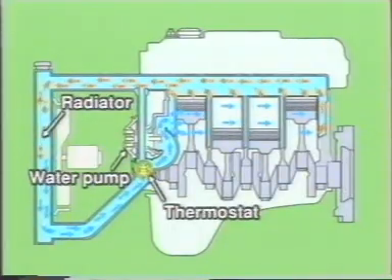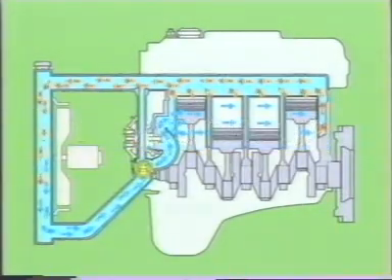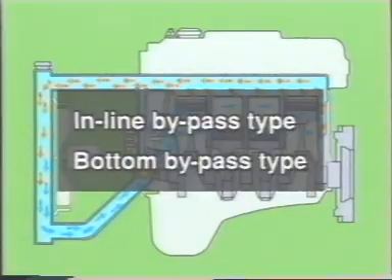Now, let's look at the main parts of the cooling system. There are two types of cooling systems in terms of a coolant bypass circuit: the inline bypass type, in which the bypass is open at all times, and the bottom bypass type. Most engines use the bottom bypass type.